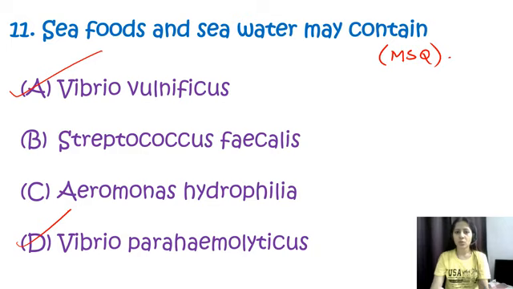These two bacteria are associated with seafood and seawater, and consumption of raw or uncooked seafood contaminated with them can lead to various gastrointestinal illnesses in humans. So the correct options are A as well as D.